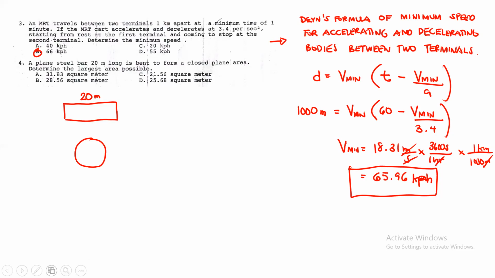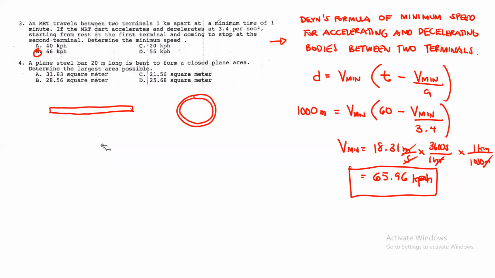Bar pala siya, parang ganito. Pag binend natin, parang ganito yung magiging kalabasan niya, no? Neglect na natin, guys, yung width ng bar.